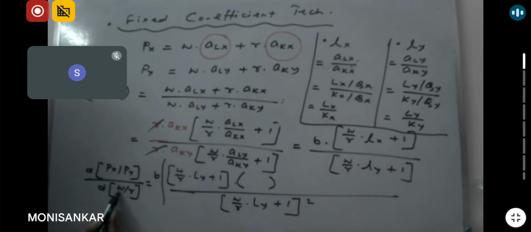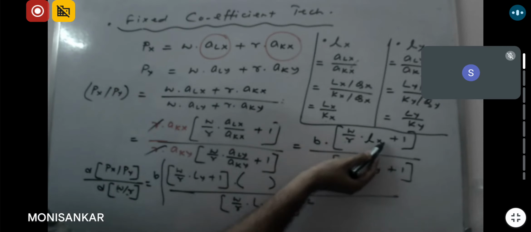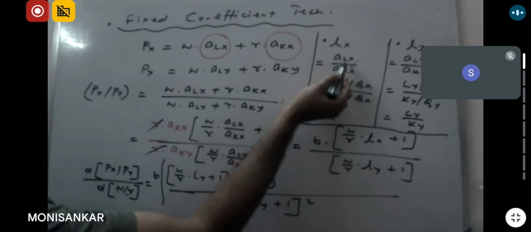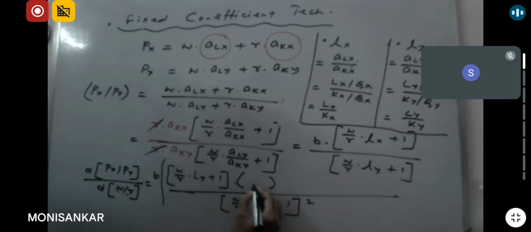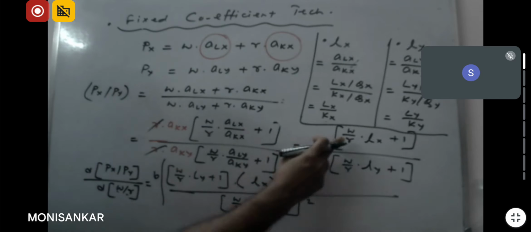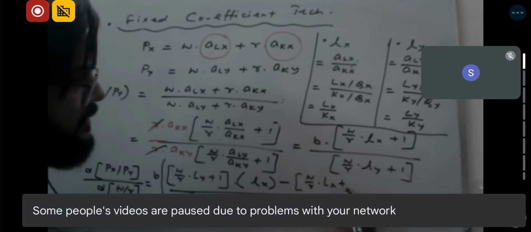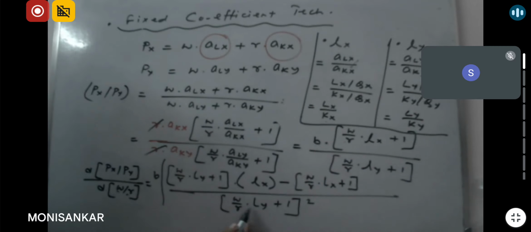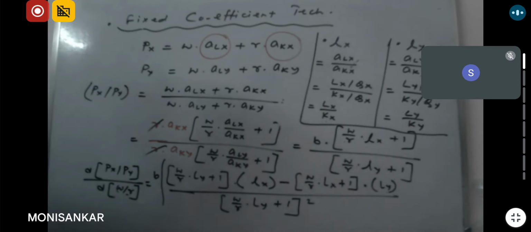You are taking differentiation with respect to w by r. So w by r into Lx. Lx is constant because your coefficients are constant. So w by r derivative 1, only Lx is there. Then minus, again, now this portion is constant, w by r Lx plus 1, and the derivative of this is only Ly.